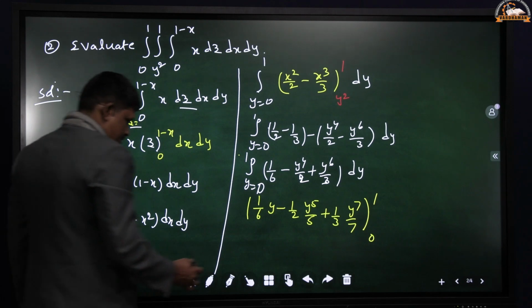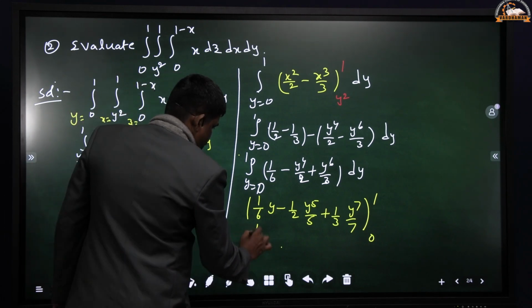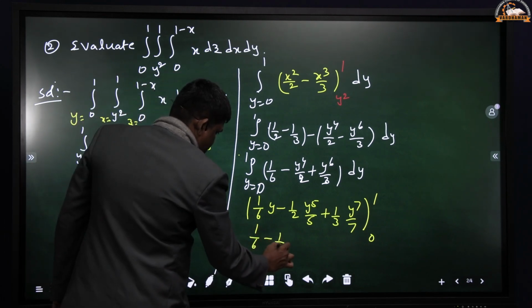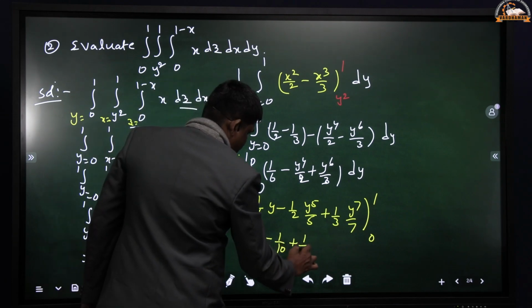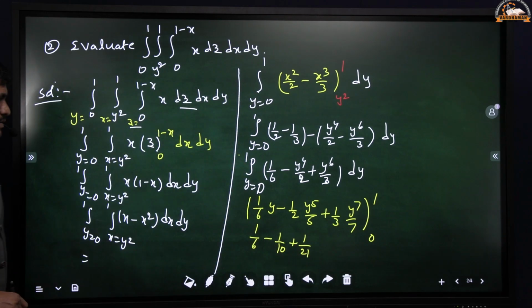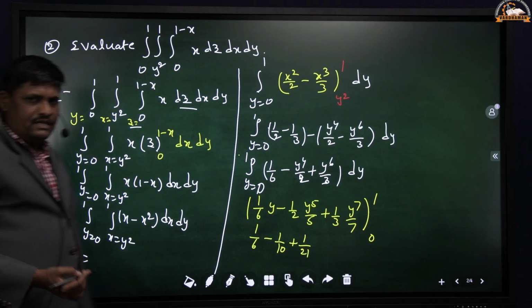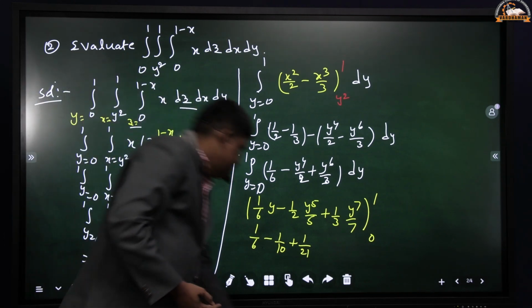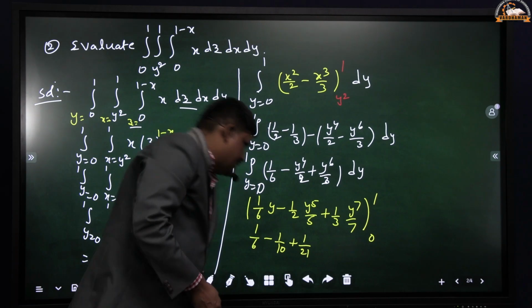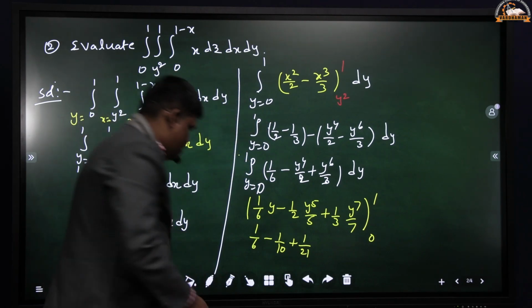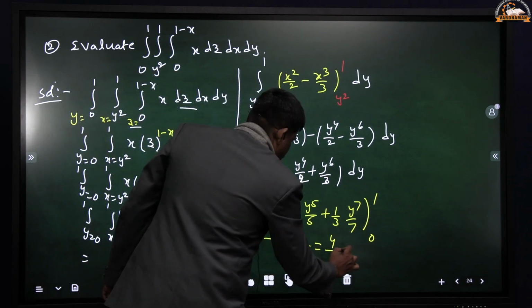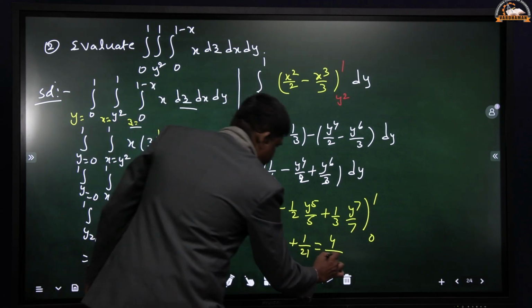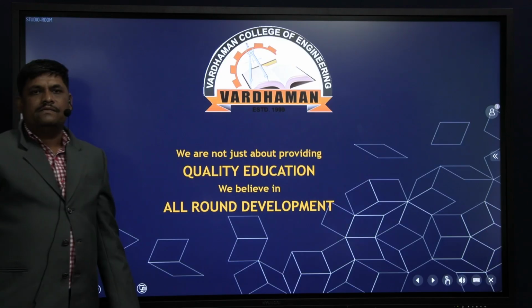Let's substitute that. You'll get 1 by 6 minus 1 by 10 plus 1 by 21. Now simplify that. You may use a calculator, or take the LCM and work it out. This answer is 4 by 35. Thank you.